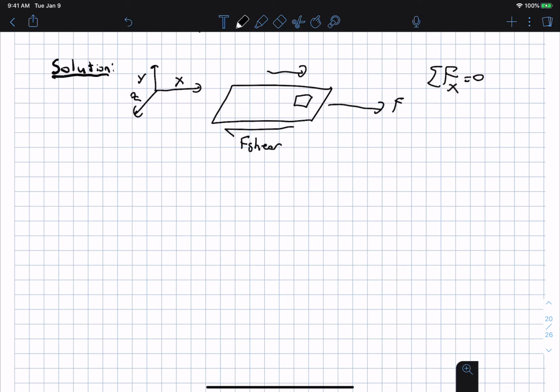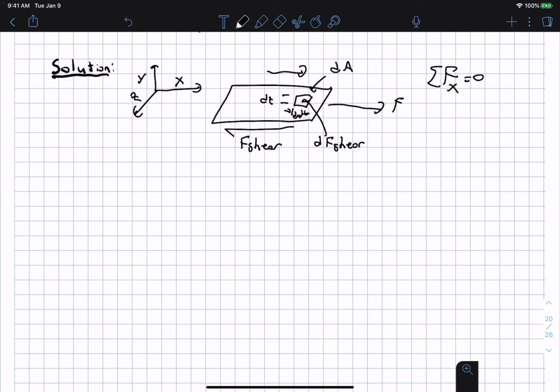So first, let's define a little patch of size dA, with height dz and width dx. So it is dx wide and dz deep. Then there is a differential shear force acting on that.